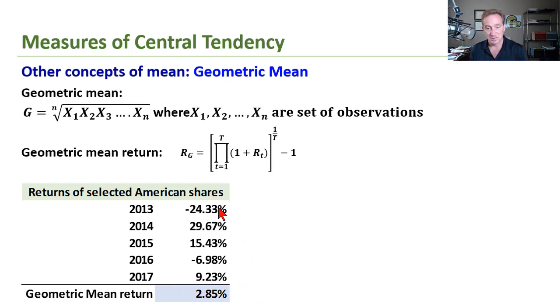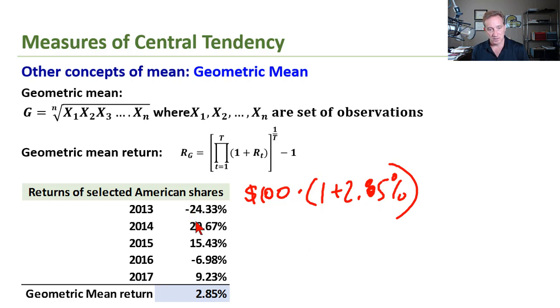And a way to think about that is if we started here with $100 and then it were to compound at 1 plus the CAGR of 2.85% over the 1, 2, 3, 4, 5 years, then we would get, I got $115.08.